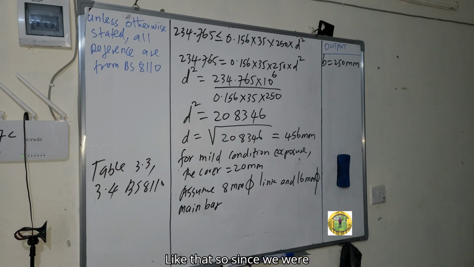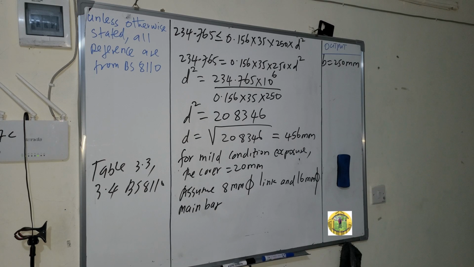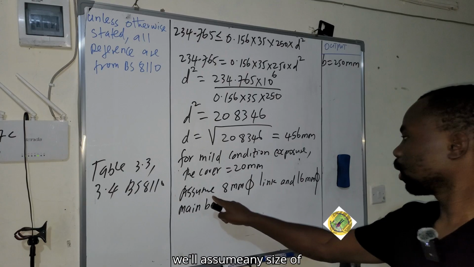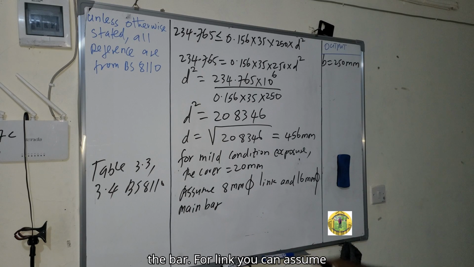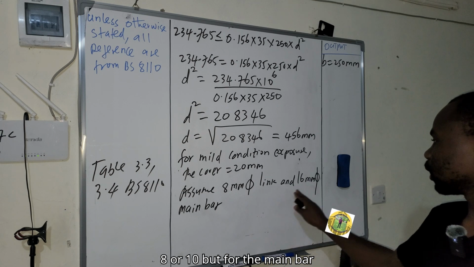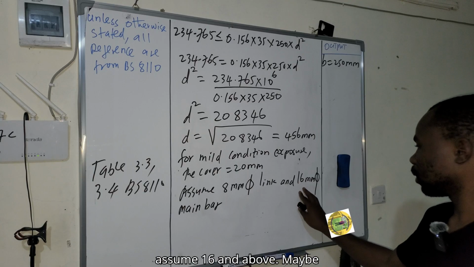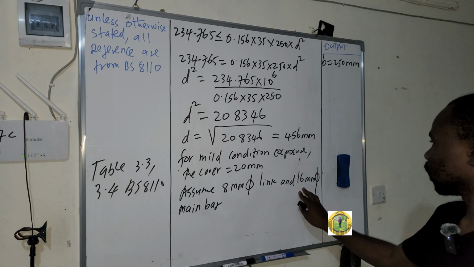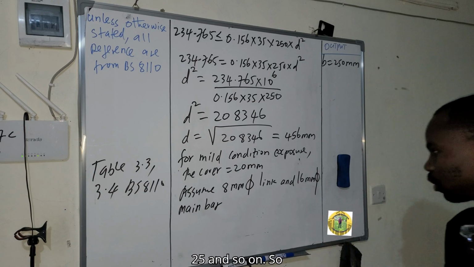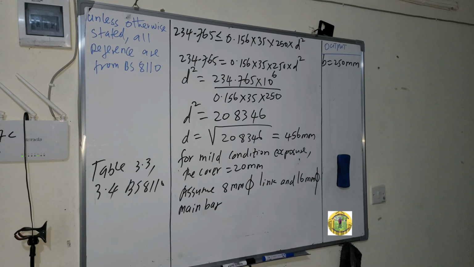Since we were told to determine the dimension, we will assume any size of bar. For links, you can assume 8 or 10, but for the main bar, assume 16 and above, maybe 16, 25, and so on. So let's assume 16 millimeter for main bar.